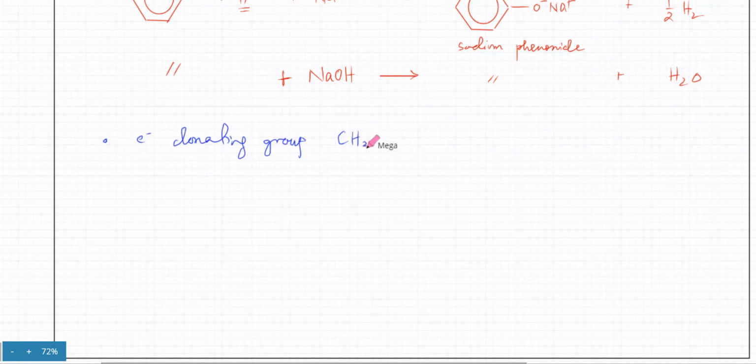There was CH3 and NH2. So electron donating groups like CH3 or NH2 will make phenols even weaker acids.